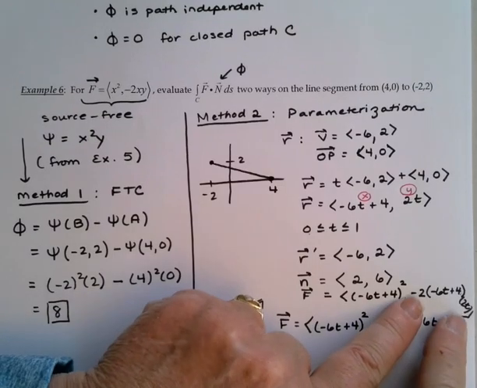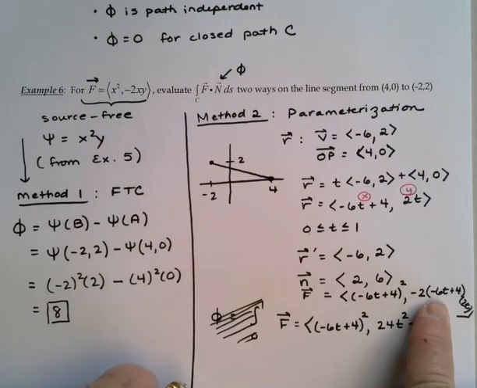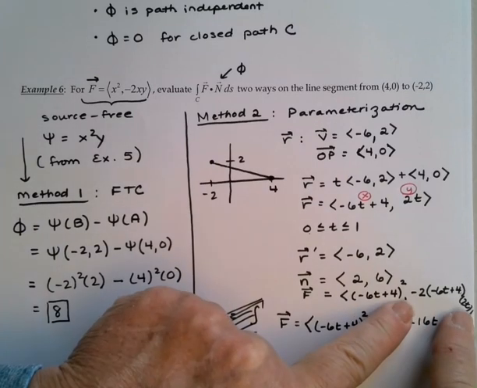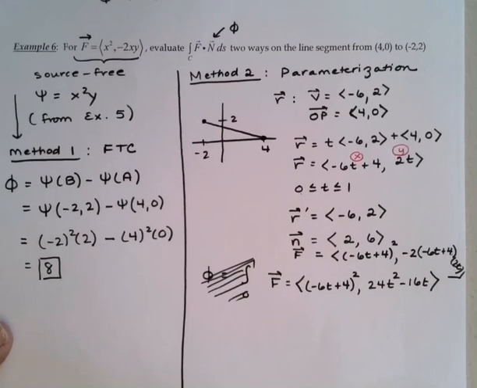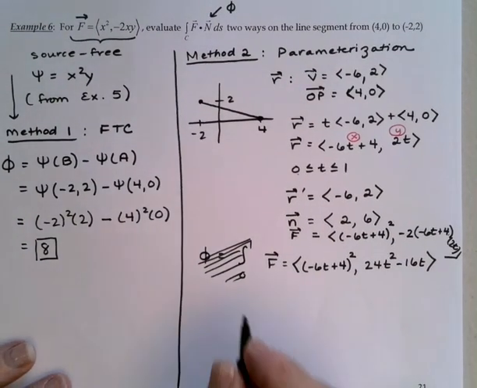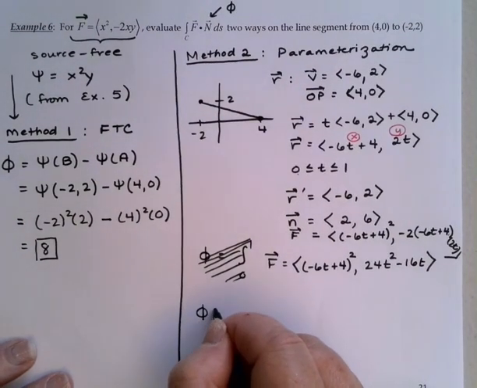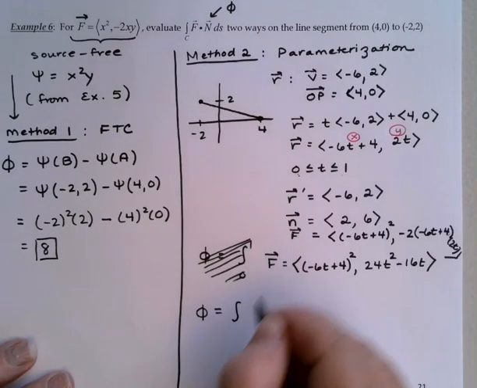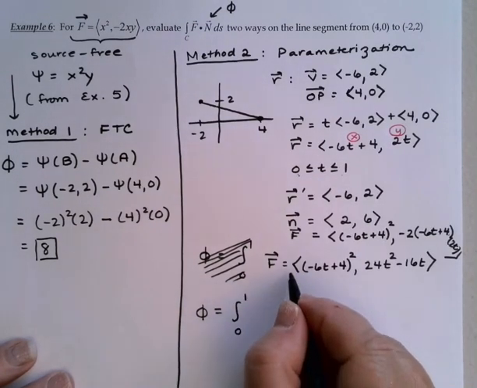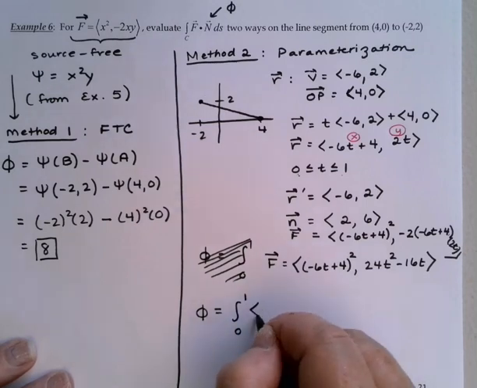So again, I was taking the -4t times the -6t, that's 24t squared, and then the -4t times 4 to give me the -16t. There, now I've got it written so you can actually see it. All right. To get my flux then, the integral from 0 to 1 of f dot n.